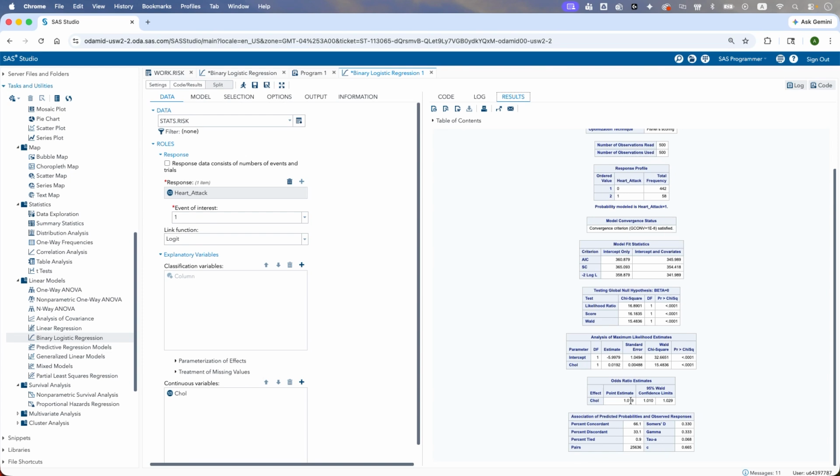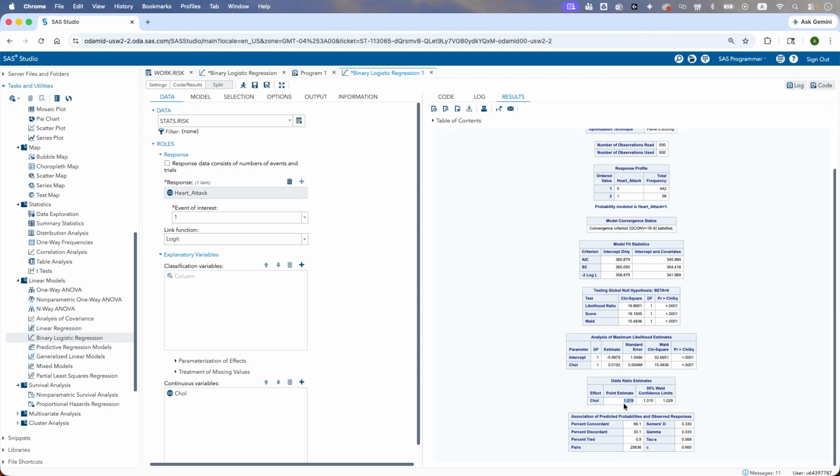How would I know, by the way? Just subtract 1 from this number. You're going to get 0.019. Multiply by 100, so you're going to get 1.9%. But in real life, we don't measure cholesterol by increasing by just 1 unit.